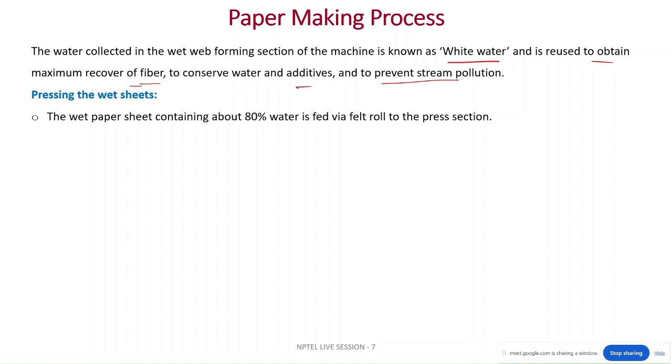So the first is the wet paper sheet that still contains 80% water, and it is fed by a felt roll to the pressing section.